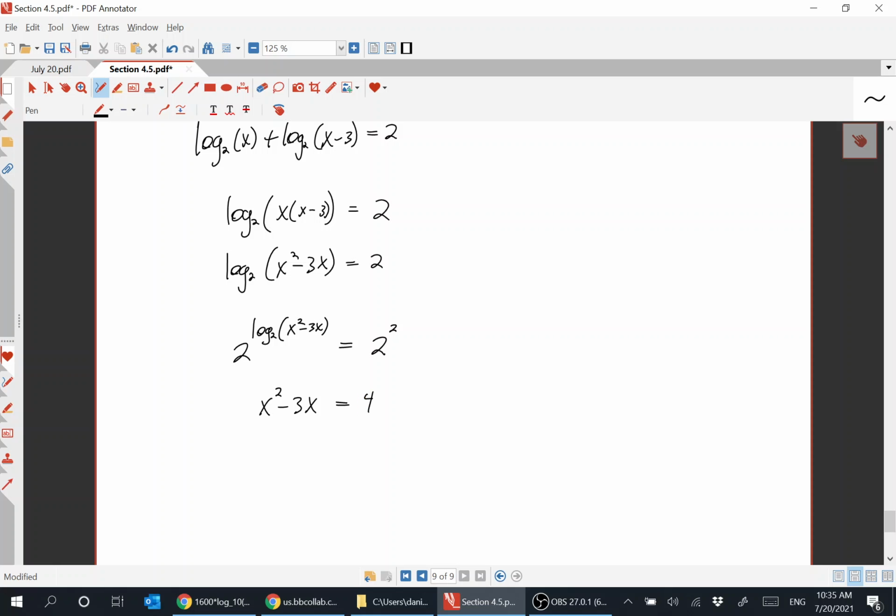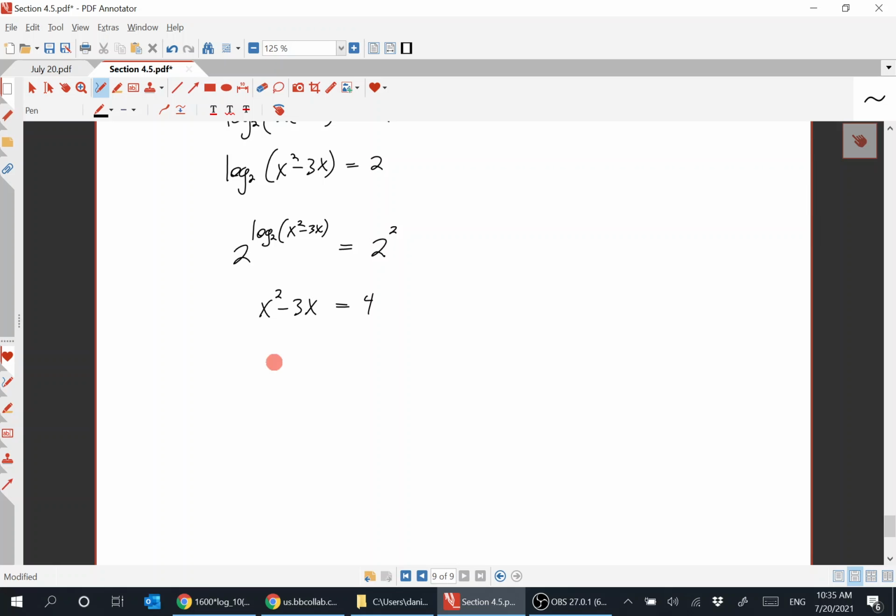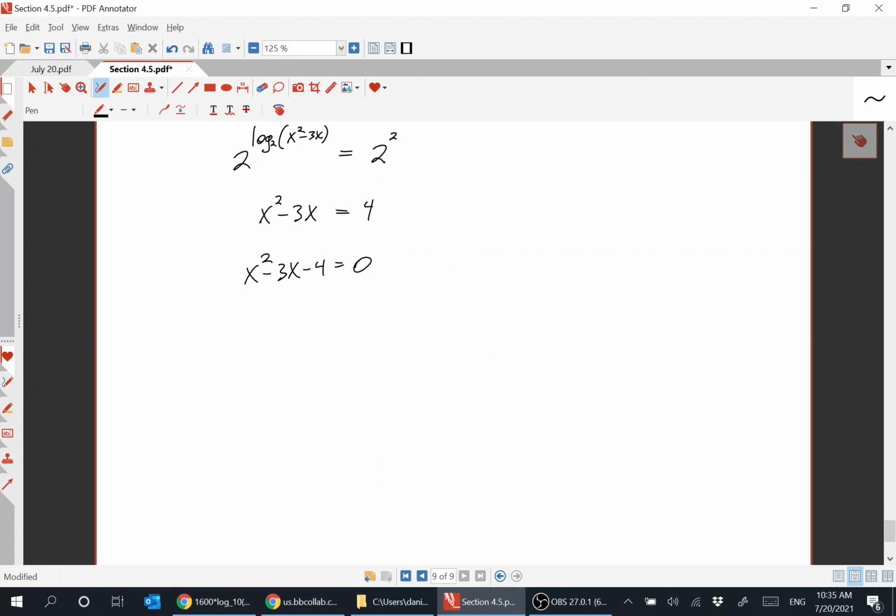So we have x squared minus 3x equals 4. That's a quadratic equation. Setting it equal to 0 on one side, now we solve in various ways that we know how, either quadratic formula or by factoring. I believe this one factors: x minus 4 times x plus 1 equals 0. So x equals positive 4, or x equals minus 1.